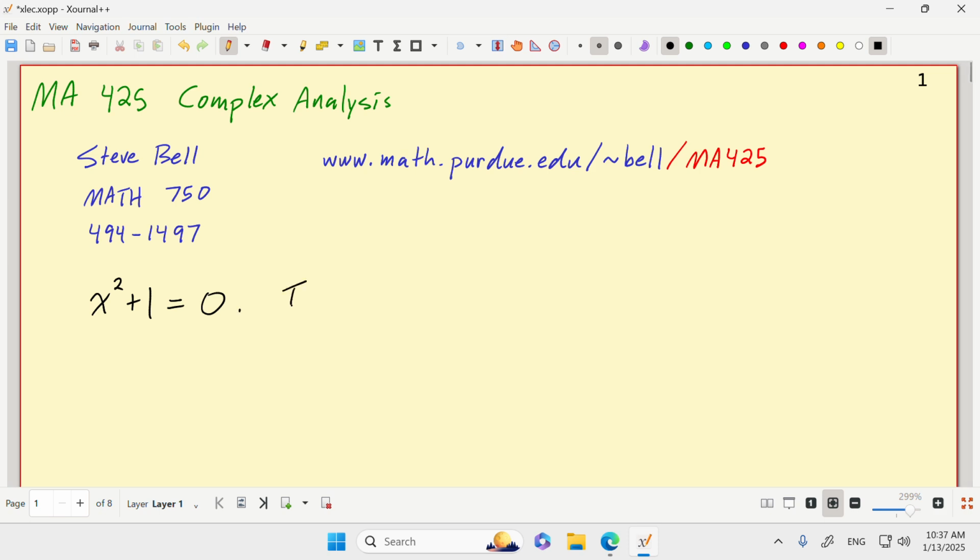So the big idea is you toss in an imaginary number, which is kind of an unfortunate name because all numbers are imaginary. We toss in a thing, and we call it i. It's just a symbol, and i is a thing such that its square is equal to minus 1.